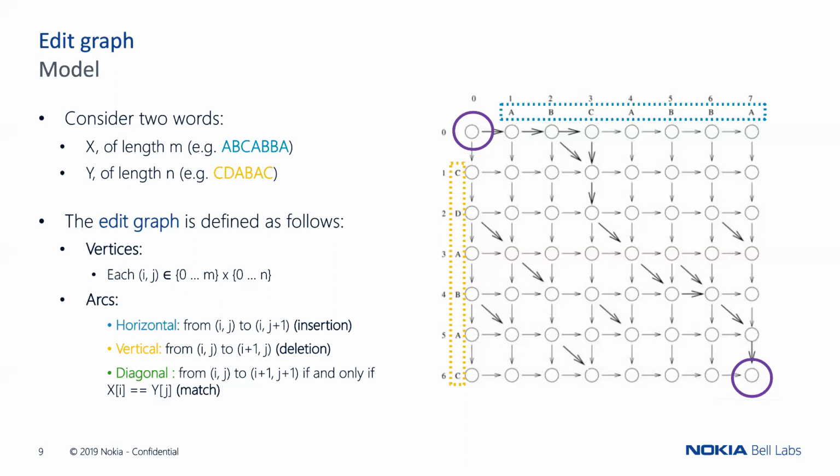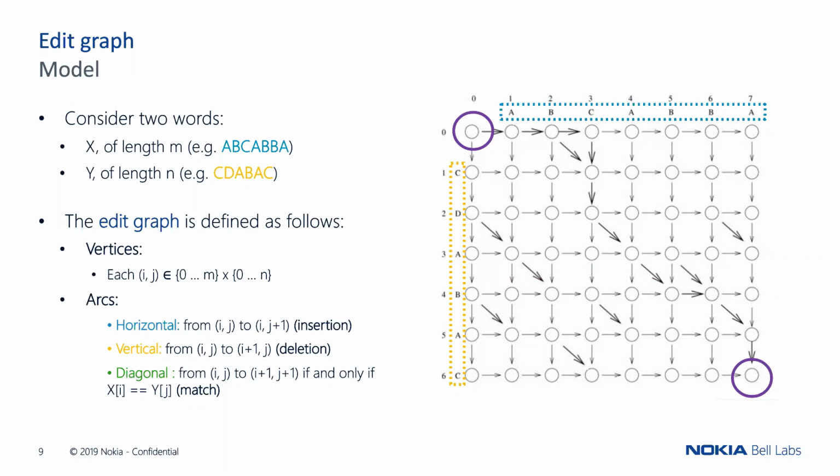And so now you can guess that what we are trying to solve is a very particular set of paths inside this graph. The idea is that I want to find the set of insertion, deletion, and matching operations that I need to move from one string to the other.